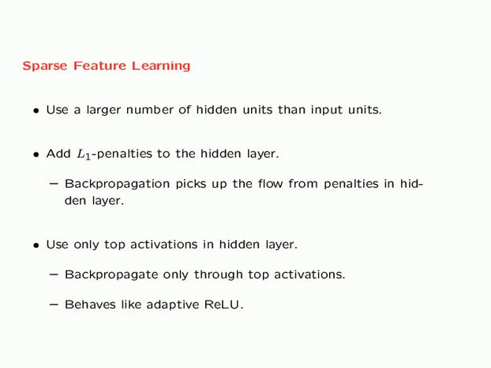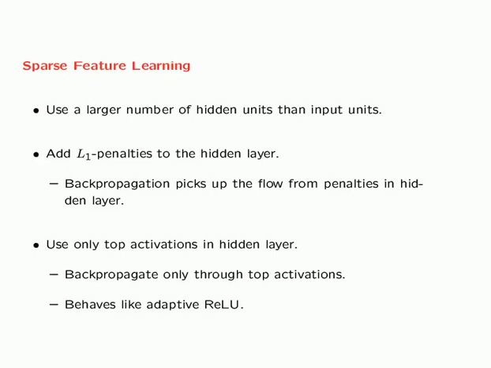So this is a sparse kind of feature learning, and sparse feature learning has its own applications in various domains such as image data. The way in which sparse features are learned using autoencoders is that you use a larger number of hidden units than the input units, but you add L1 penalties to the hidden layer.